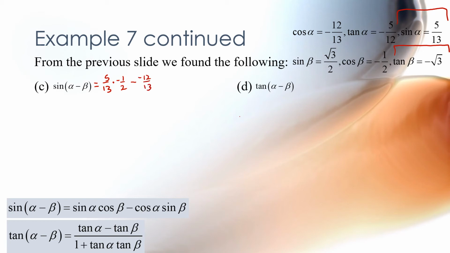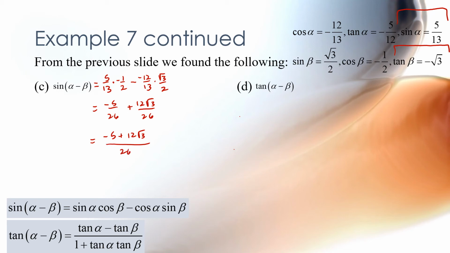I've got some double negatives there, multiplied by the sine of beta, which is the square root of 3 over 2. So if I simplify this, I get negative 5 over 26 plus 12 root 3, also over 26. So I will put those numerators together over the common denominator of 26.